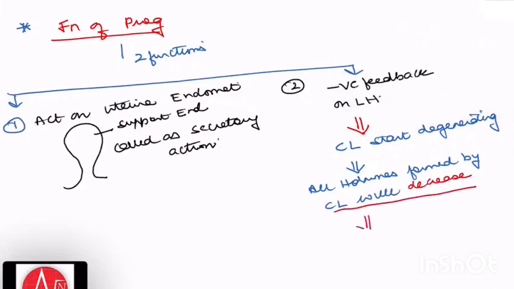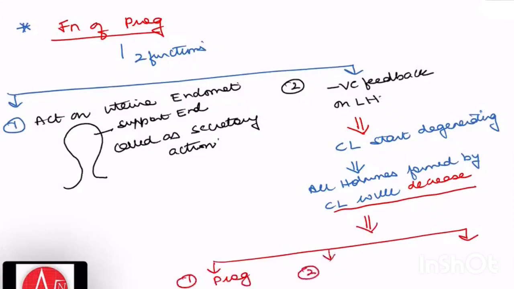Now you are going to tell me कौन कौन से हार्मोन डिक्रीज होंगे? Number 1 progesterone, number 2 estrogen, number 3 inhibin A. All three of them are going to decrease.